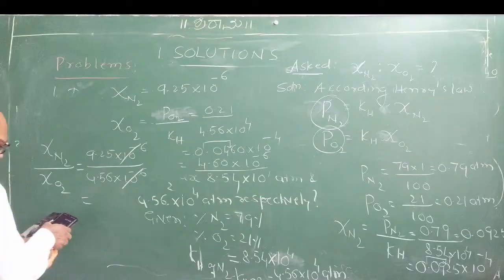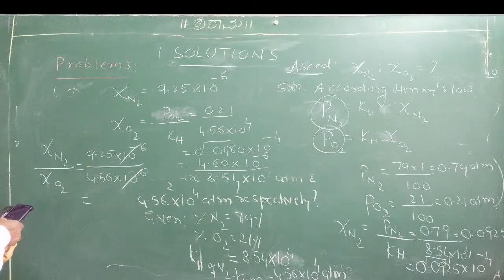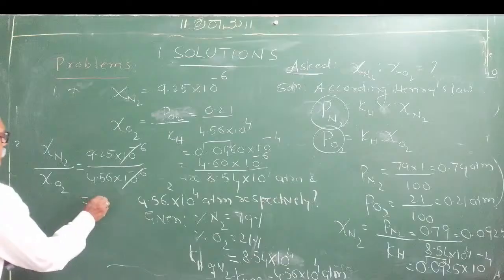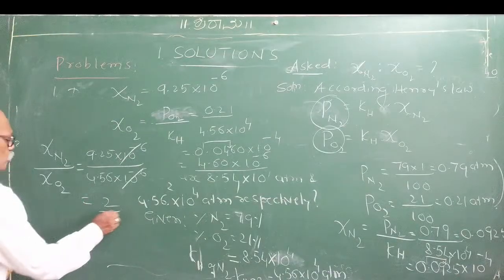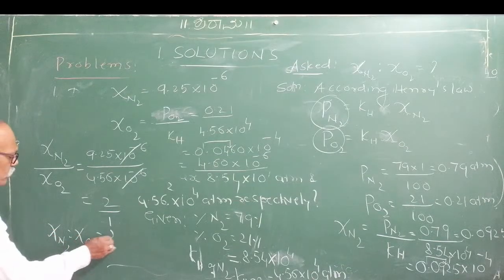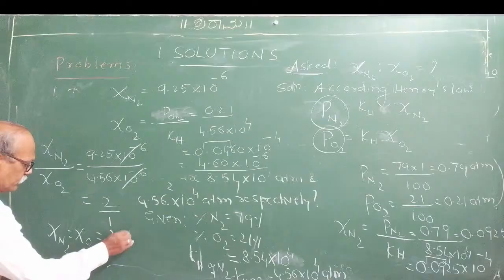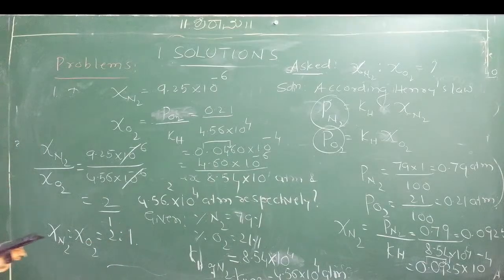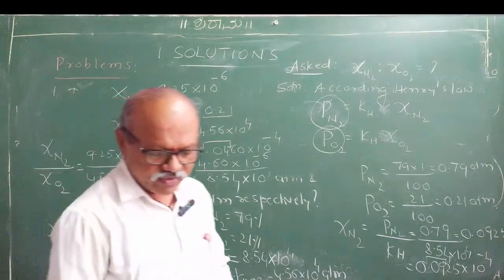You can take the ratio approximately 9.25 divided by 4.60. This comes out to be very, very close to 2 by 1. Therefore, mole fraction of nitrogen to mole fraction of oxygen will be 2:1. I hope you understood, my dear students.